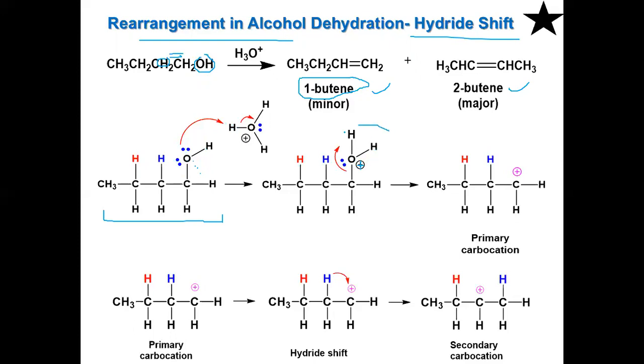So, make this whole thing a good leaving group. So, senang kita nak buang dia. So, lepas dah buang dia ni, dia akan menjadi carbocation sebab dia dah leftkan benda ni kan. So this is your primary carbocation.